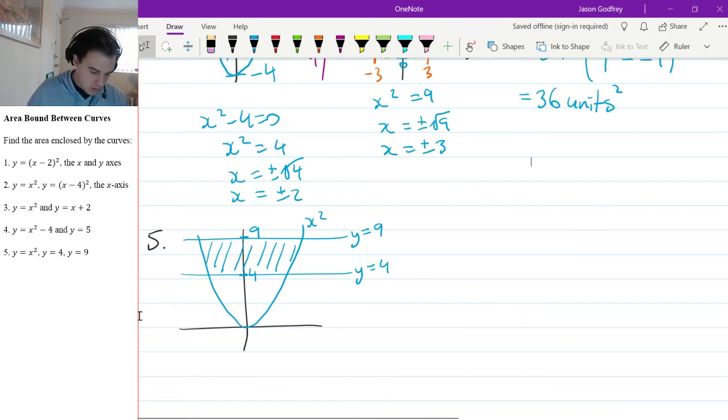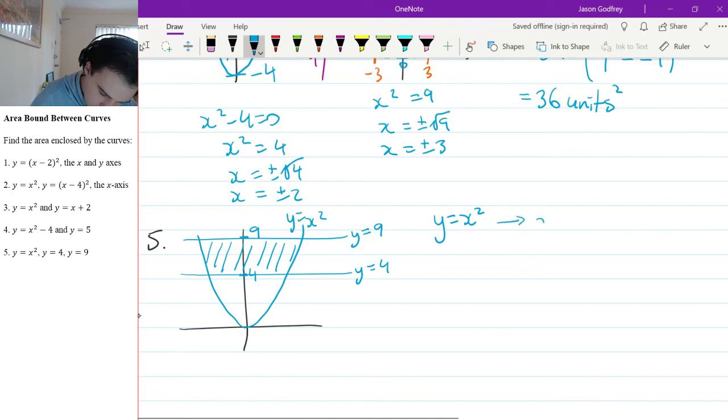Maybe just to mix this up, I'll change and do this as a function of variable y. So if we've got y equals x squared, and we do the opposite of square, which is square root, to both sides, we've got x equals plus or minus root y.